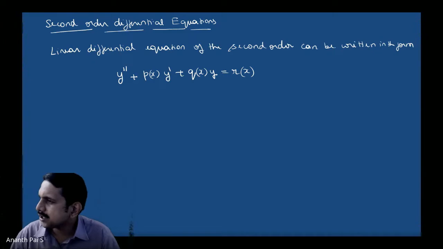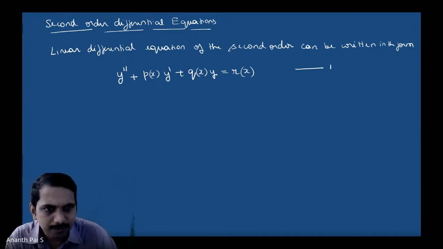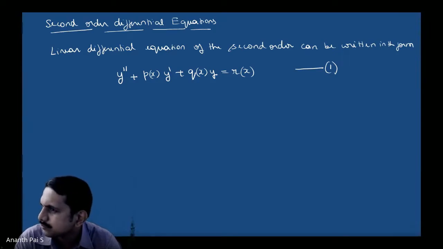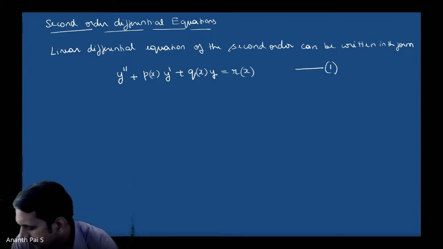This is the general form of a second order differential equation which is linear in y. Correct, because y double dash does not have square, y dash does not have square, y does not have square. So it is linear. This is a linear differential equation of the second order.